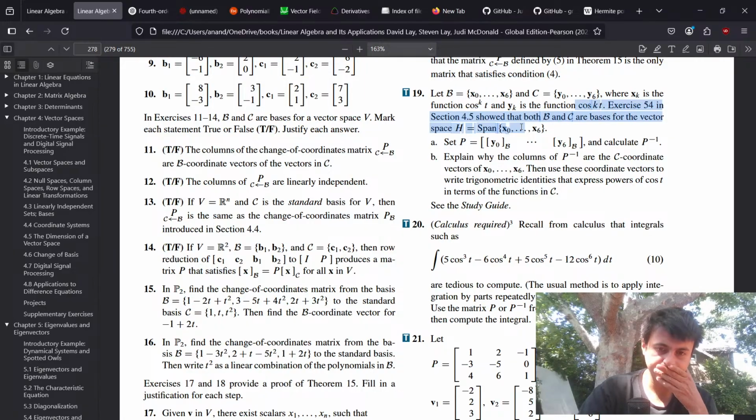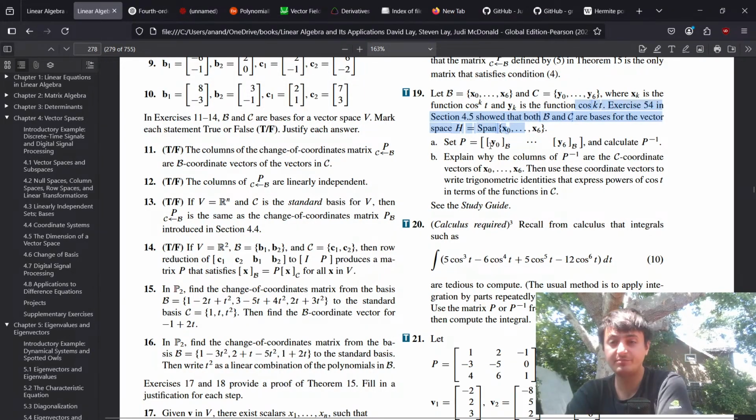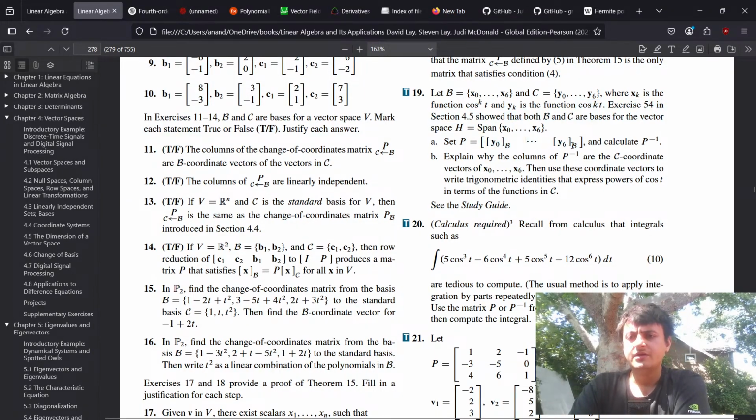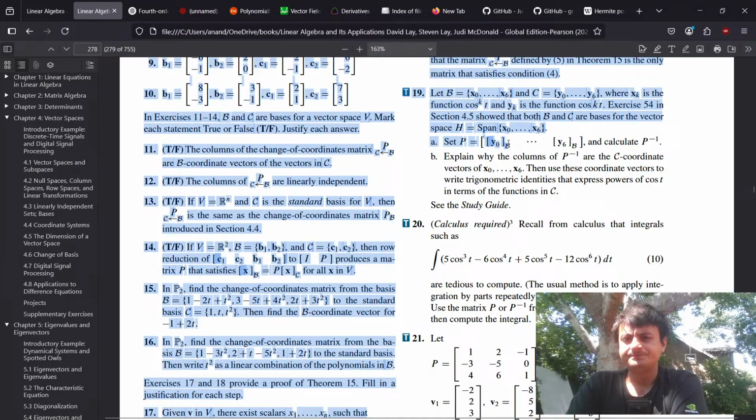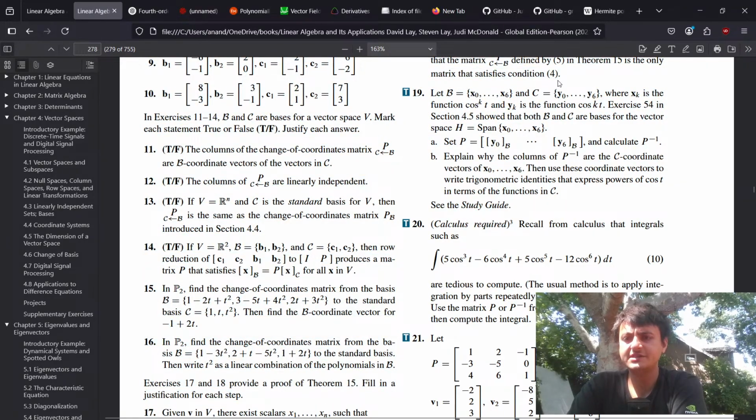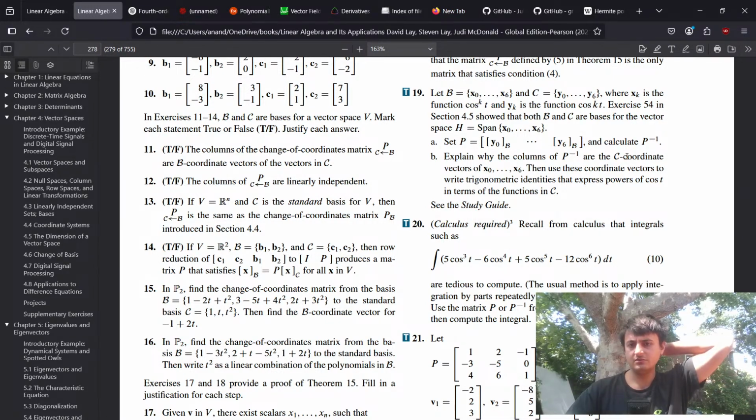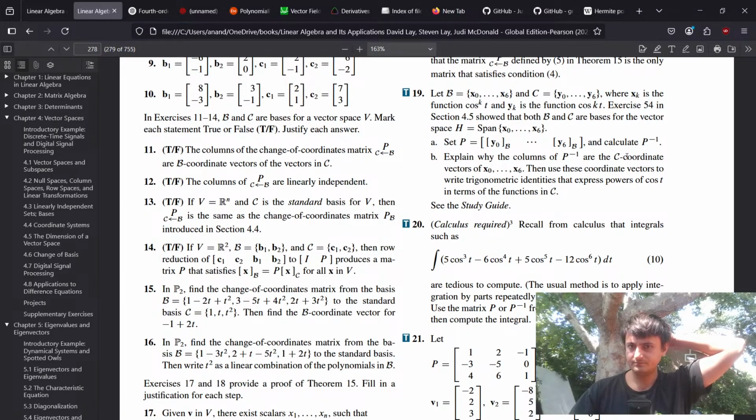So set P, so this is going to take a C coordinate vector and give it in terms of B. Ooh, that's crazy, man.